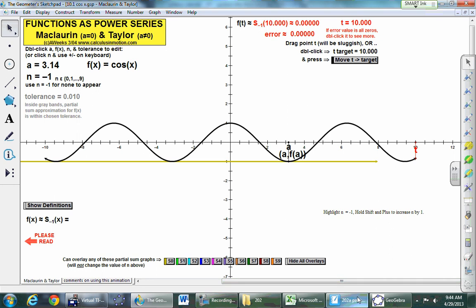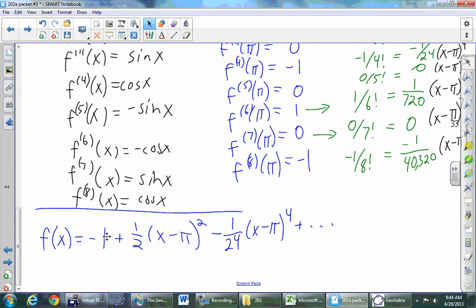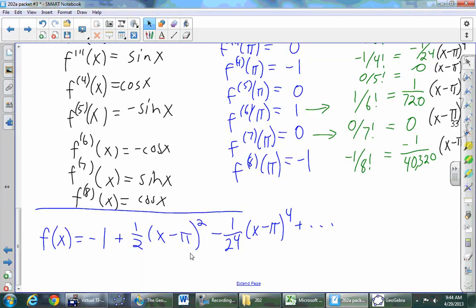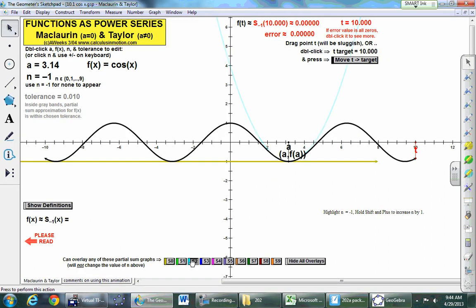And then we're going to look at the degree 1. Now what was the degree 1 term here? It was 0. So when I hit this next button, it will appear like nothing's happened just because that's also the degree 1 approximation. But when we hit the next one, then we're going to add a 1/2 x minus pi squared, which will give us this. And you can see that light blue thing is looking quite good near x equals pi.